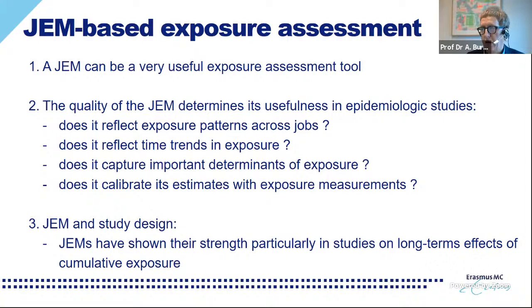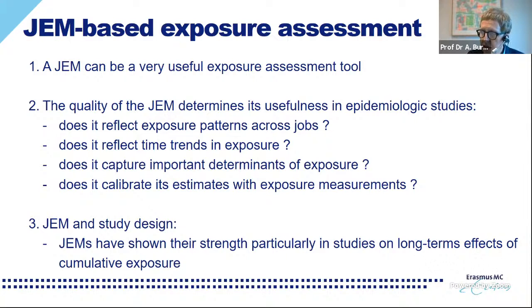And my piece of advice is, look in detail into the quality of the job exposure matrix. Is it useful for your particular study? Does it reflect exposure patterns across jobs sufficiently? Do you have information on time trends? Is there important information on determinants of exposure in the JEM?